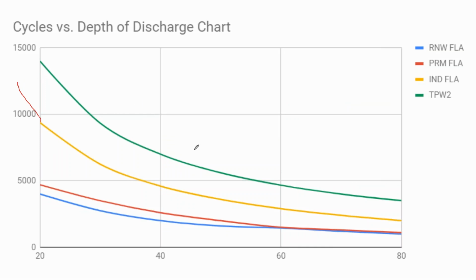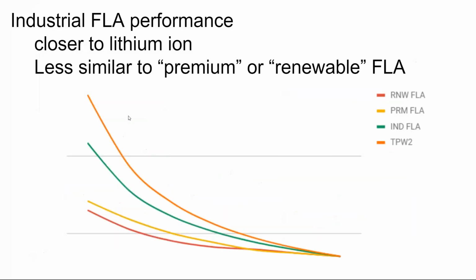And the idea being, well, let's just kick the can down the road another 10 years and then see where lithium ion is at that point. And so I just think it's interesting that there are some lead acid batteries that are closer to lithium ion in terms of performance than other lead acids. So there's a huge range within lead acid. It keeps going on up when you get into higher end lithium ion.